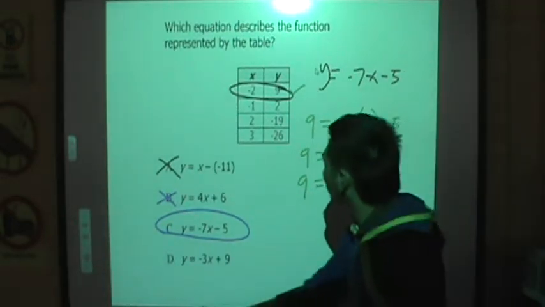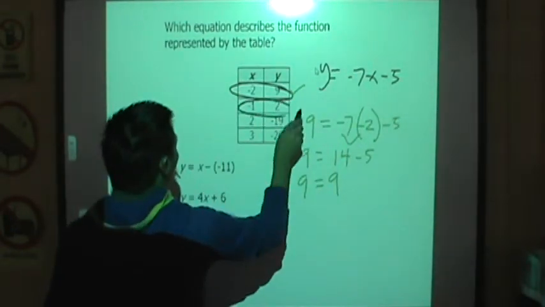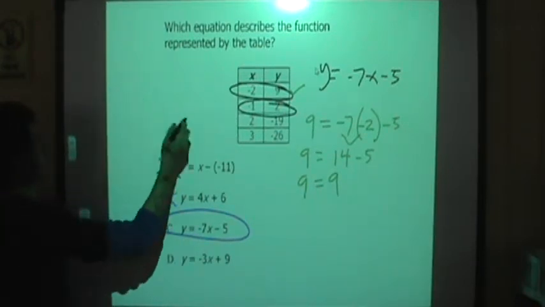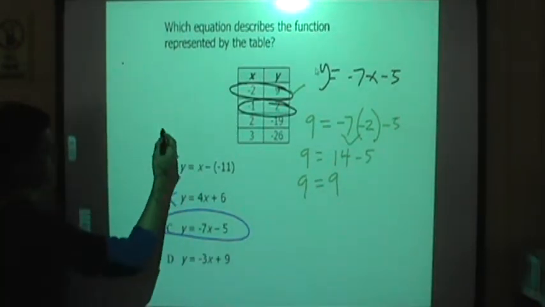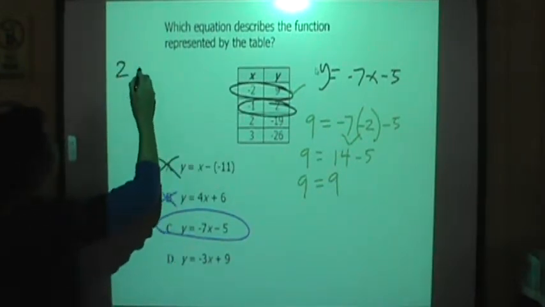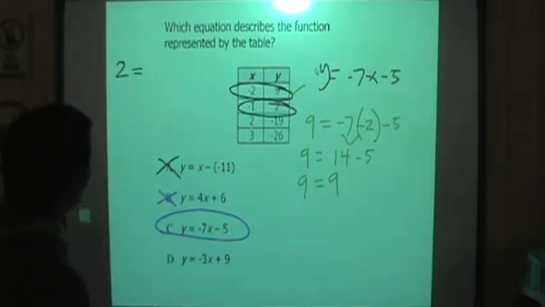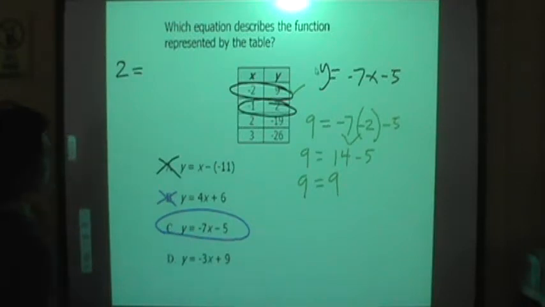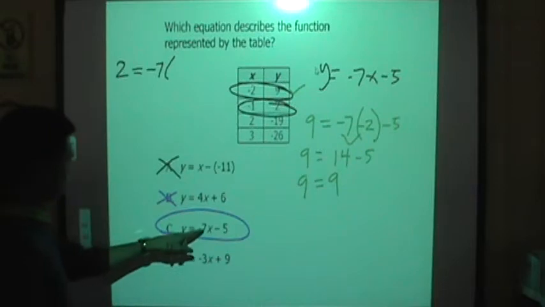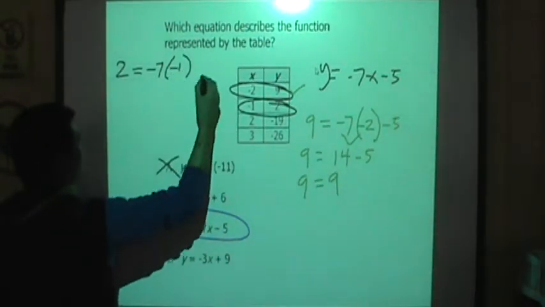Now, how about if I use -1 and 2. So using the formula, what's the y? y is 2 equals -7, our x here is -1, and then minus 5.